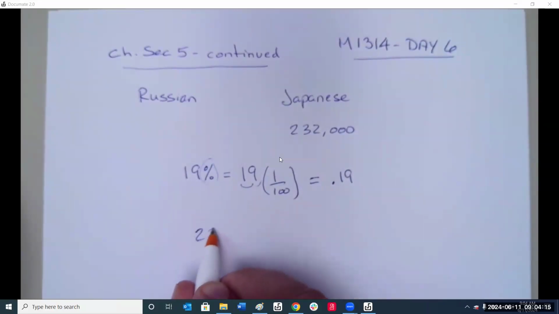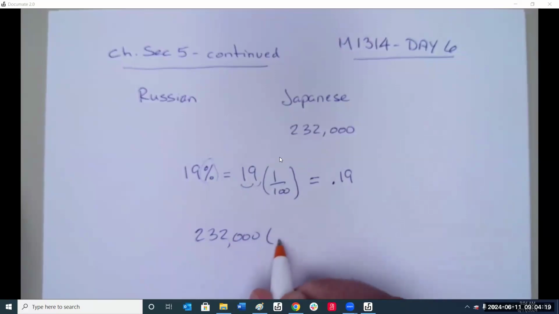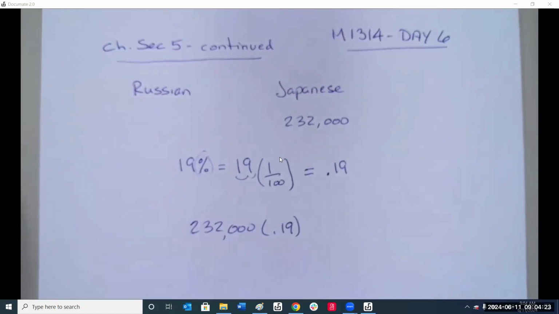Okay, so we have 232,000 times, why is that? Why do we multiply that? Those are the only two numbers that we're getting. So we multiply them because this is 19% more.